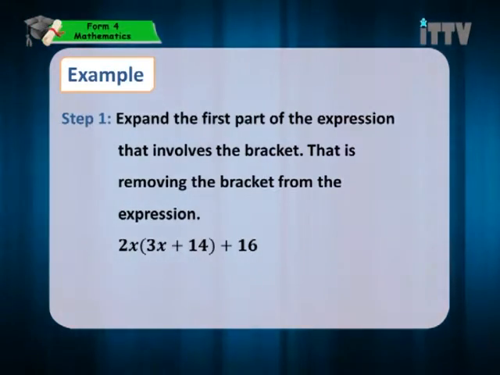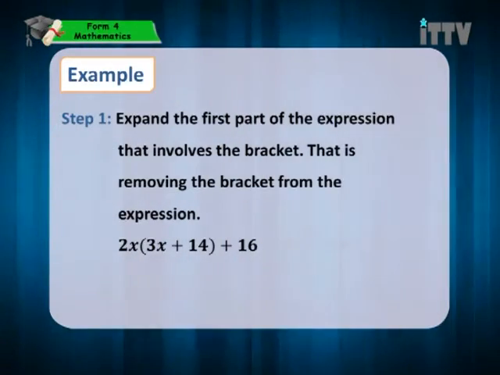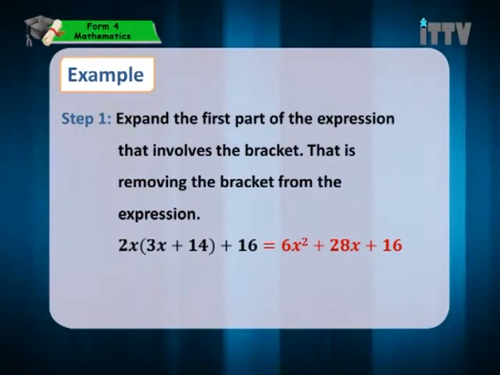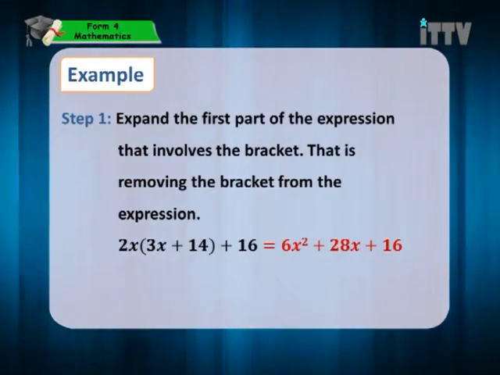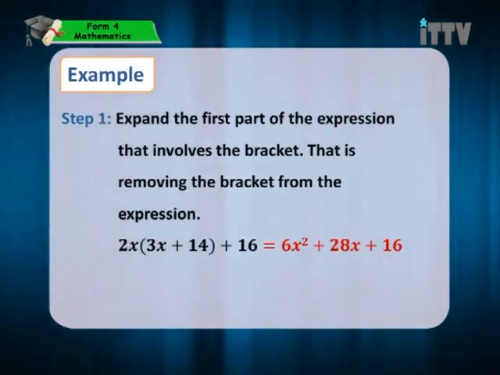So when you see a bracket, expand to get rid of that bracket first. The result, after expanding the bracket, is 6x squared plus 28x plus 16.